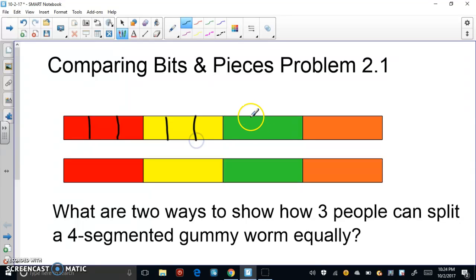Okay, so we can cut each of the fourths into 3 pieces. So that way each person gets an even amount. So person number 1 would get a third from each section, just like person 2 and person 3. They would get the same amount of gummy worm.